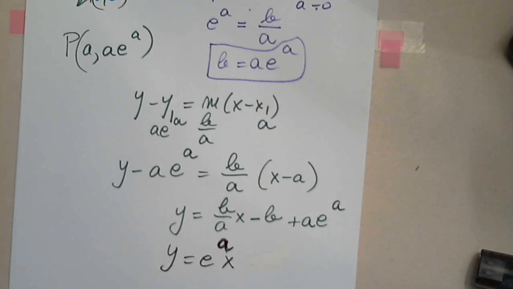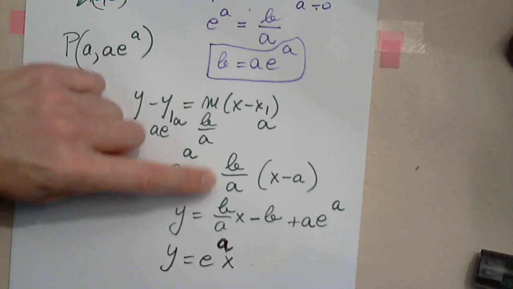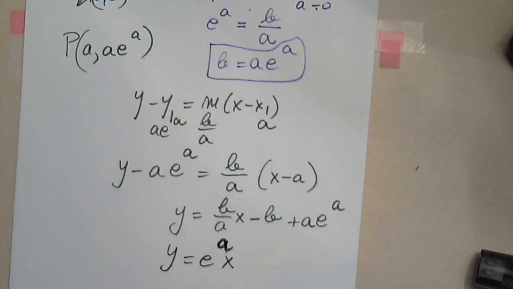So that's the equation of the line that is tangent to the graph of e to the x and passes through the origin. We replaced b by a e to the a, so that's e to the a times x.